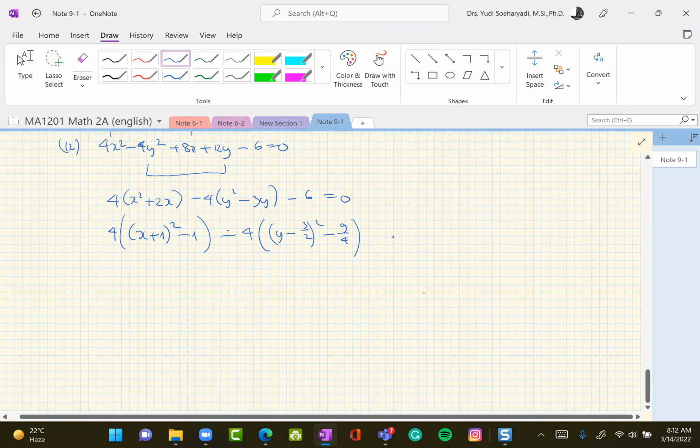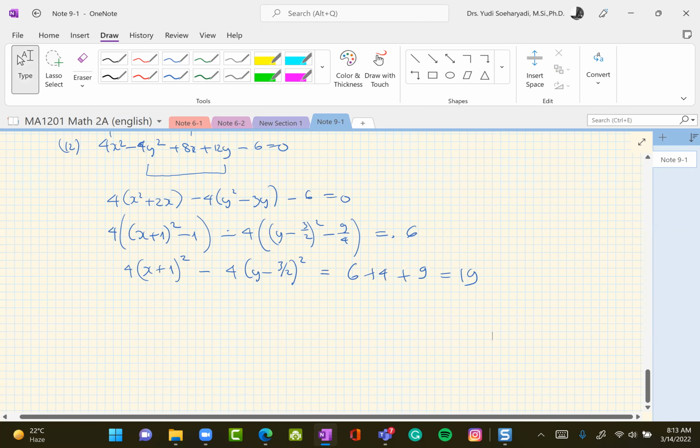Or just move this 6 to the right hand side. So it becomes x plus 1 squared, plus 4, and then here we got plus 9. Here you have 19.